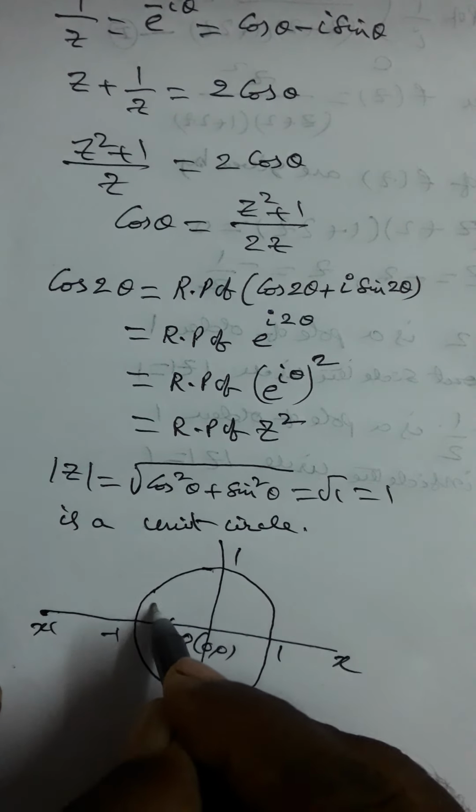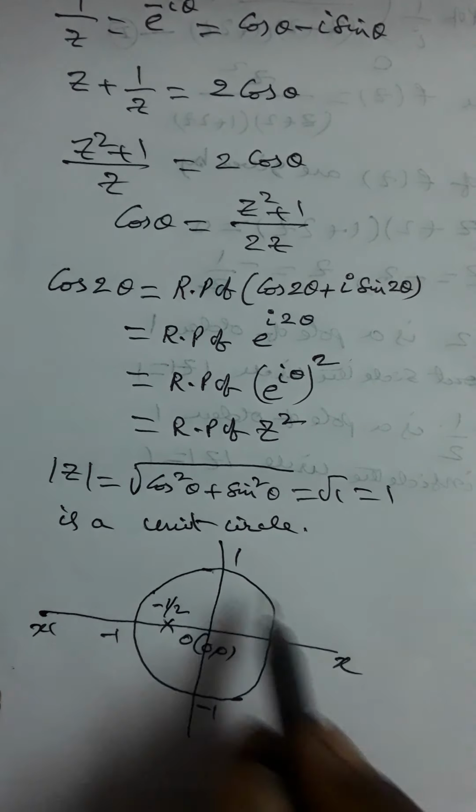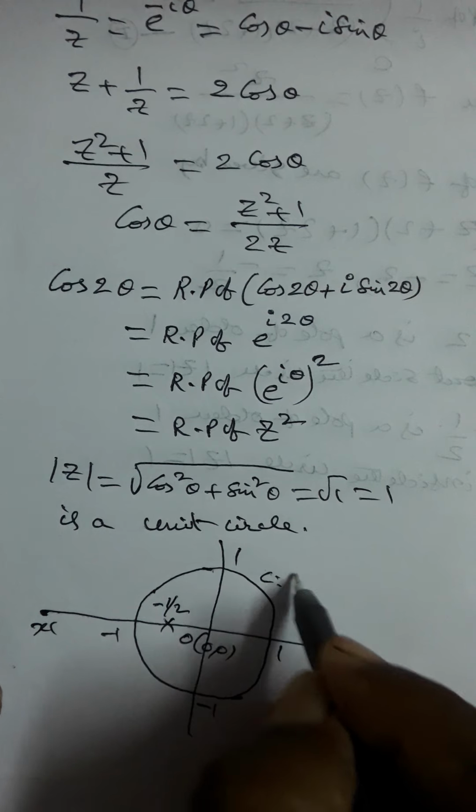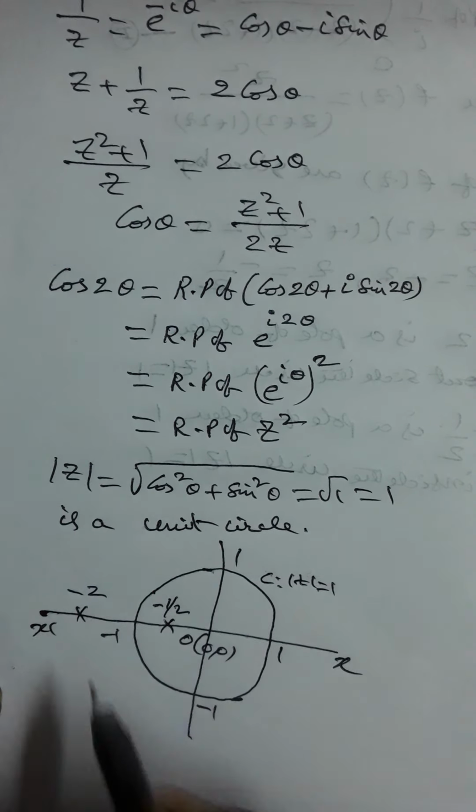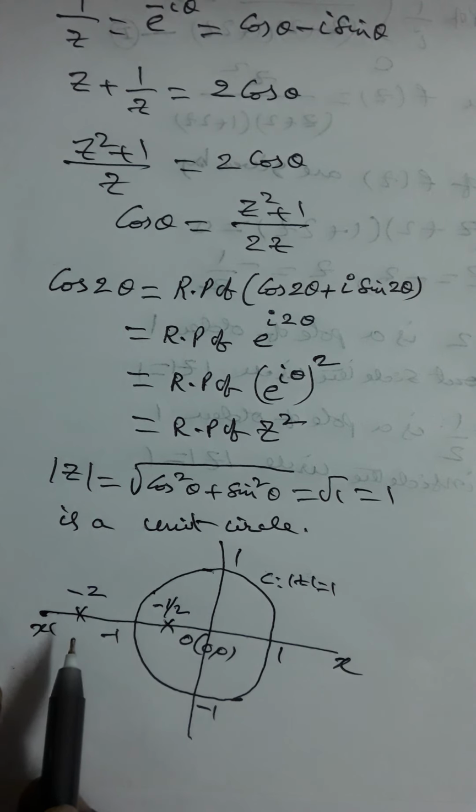So minus 1/2 lies inside the circle, and minus 2 lies outside the circle.